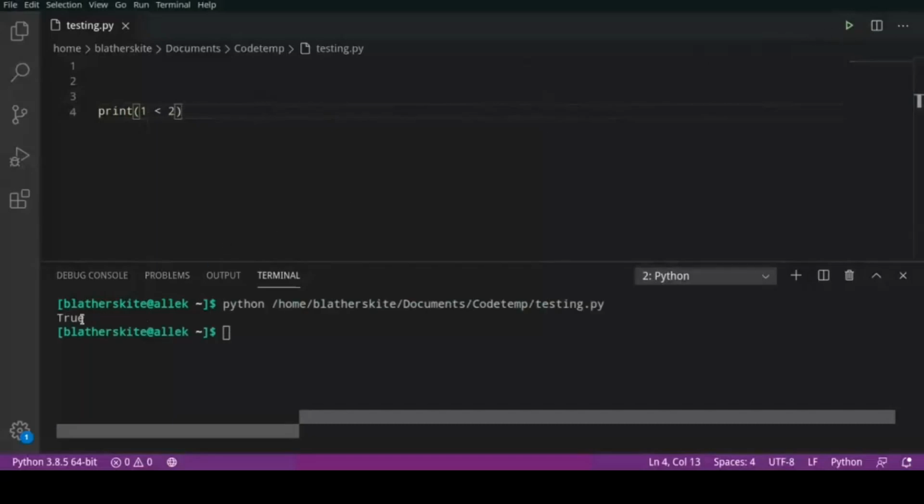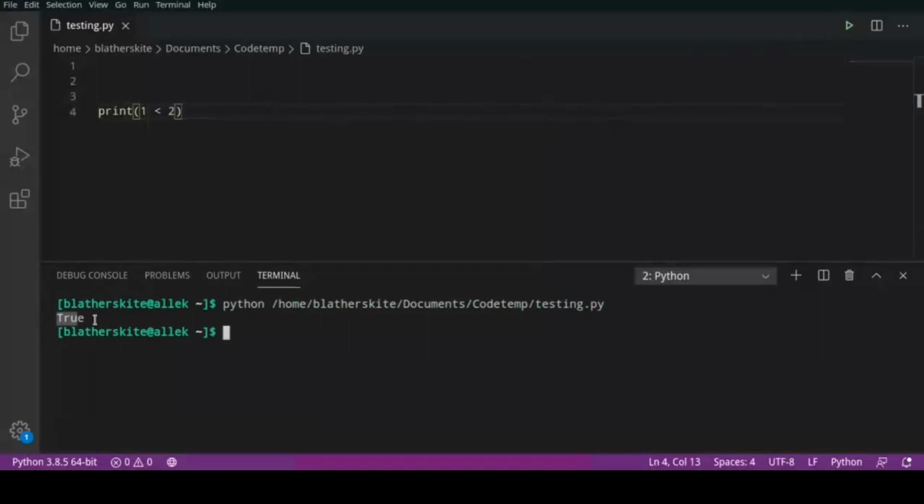Ta-da! And 1 is less than 2. And the other way around works too. So let's try 1 is greater than 2, which is false.